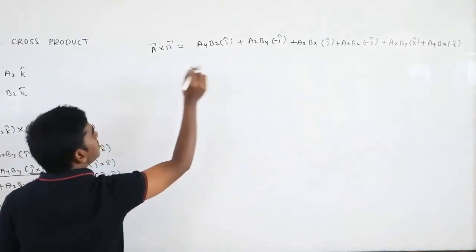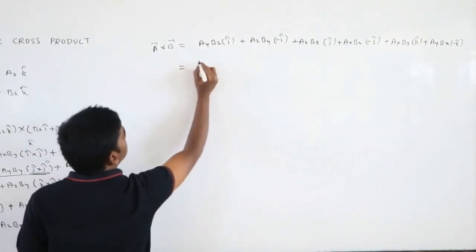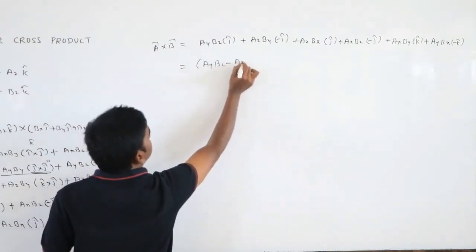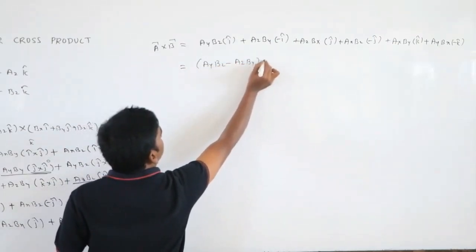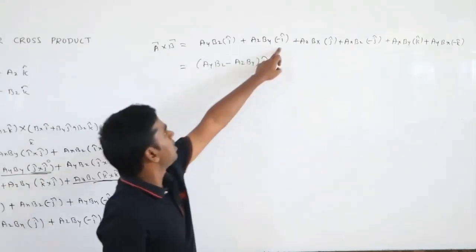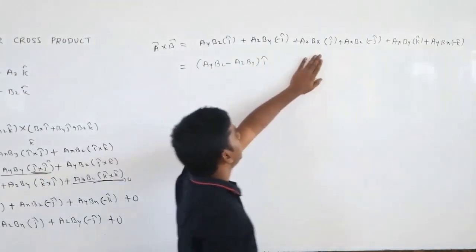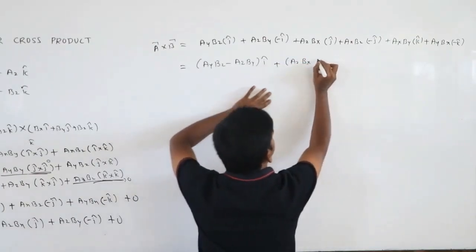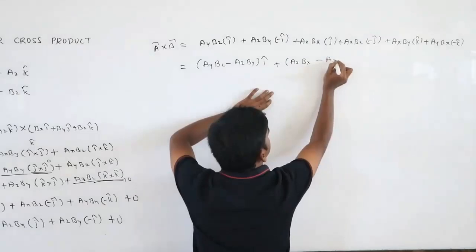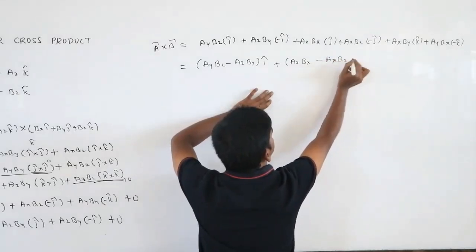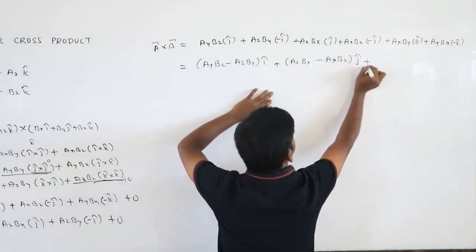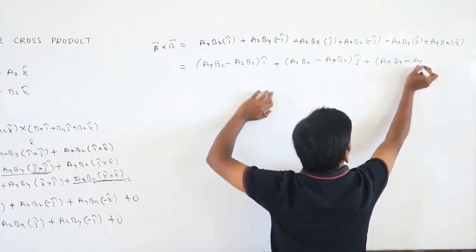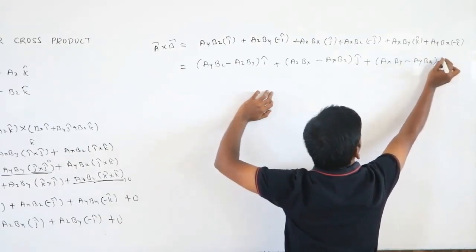Now you take i's outside, okay? So this is going to be what? Ay bz minus az by, i cap. Okay, so negative will come inside, so I cap I am taking outside. Similarly here, plus az bx minus ax bz, so you take j cap outside, plus similarly ax by minus ay bx is equals to k cap.